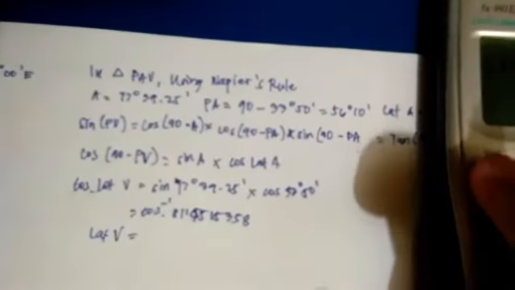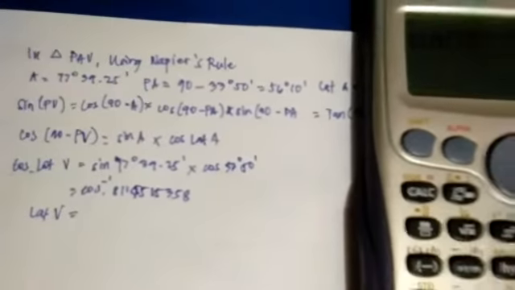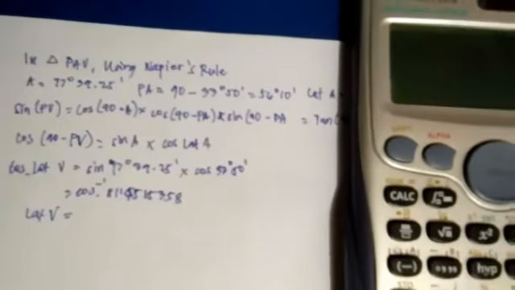So shift cos answer, and we will get 35 degrees and 45.72 minutes south.